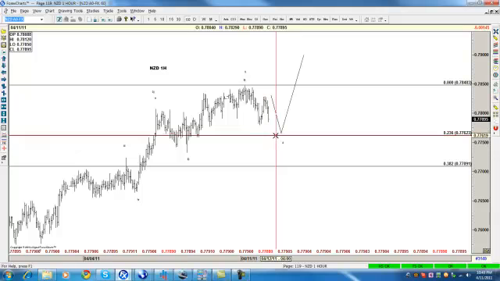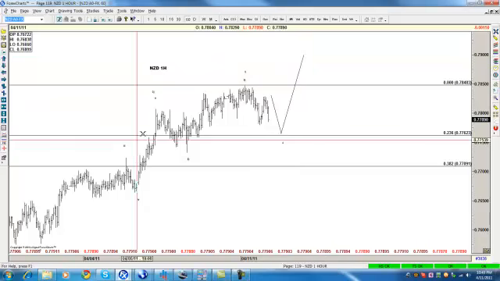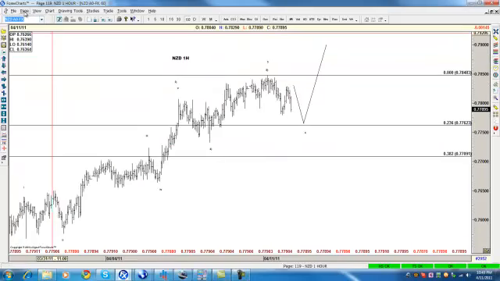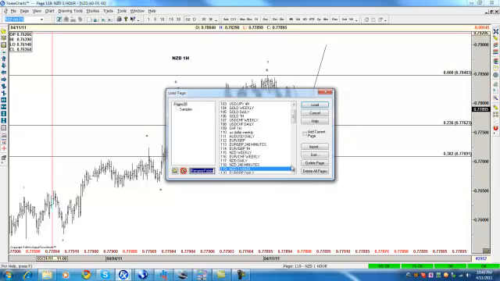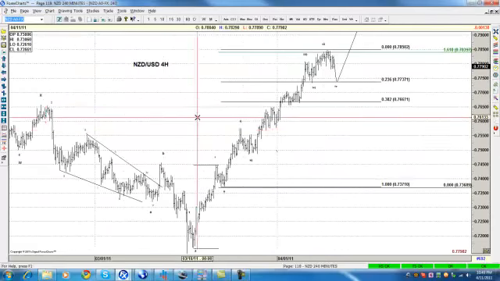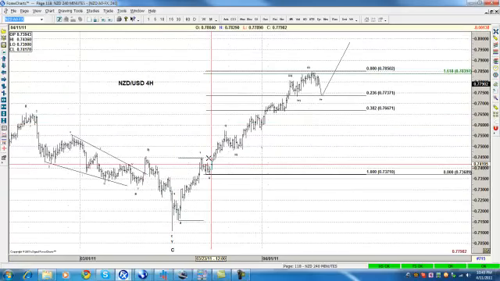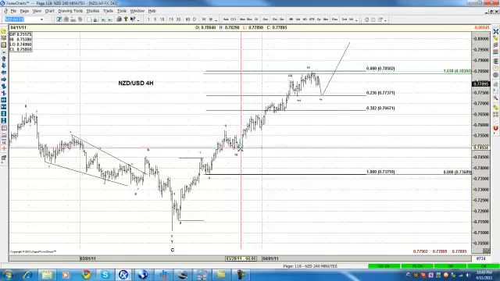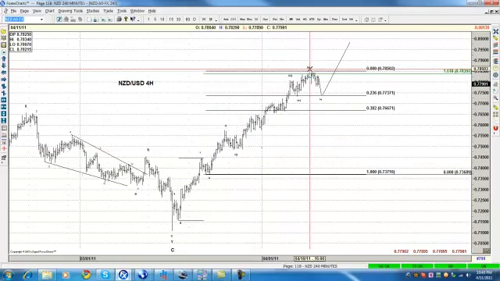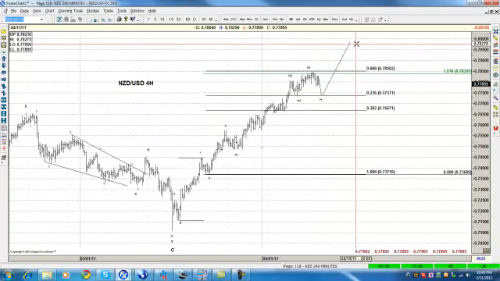New Zealand should trade around 77.63 before turning higher again. We see New Zealand as clearer than the Aussie, because on the 4 hour, look how nice it is. It goes 1, 2, 1, 2, 1, 2, and then 3, 4, 5, 3. We should trade around 77.37 and keep going higher.